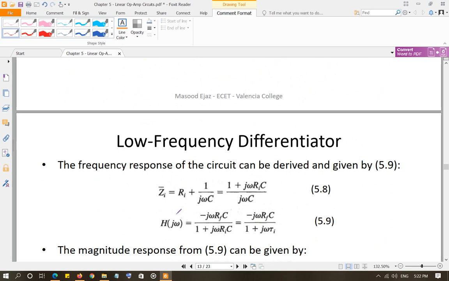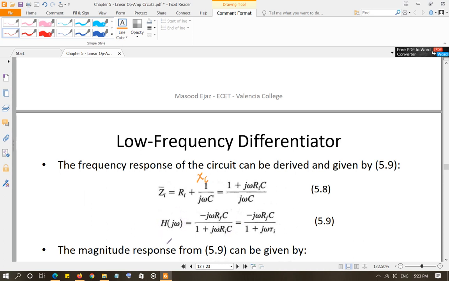Now we have a series of resistor and capacitor. So let's look at first what will be your phasor analysis of this circuit. You take the series combination of R input and X of C. That's your input impedance, the impedance that is connected to the input voltage.